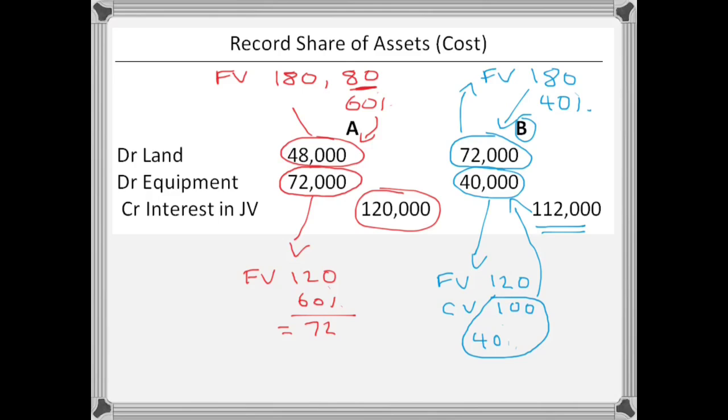So even though they put in fair values of a certain amount, in this case being 180 and 120, we don't actually see those being the amounts credited to the interest in joint venture. We see 120 and we see 112 respectively.